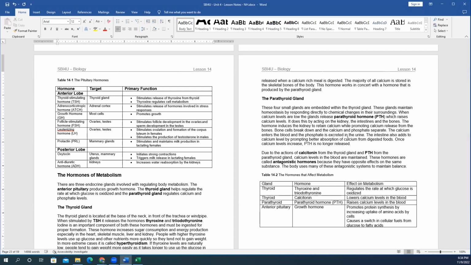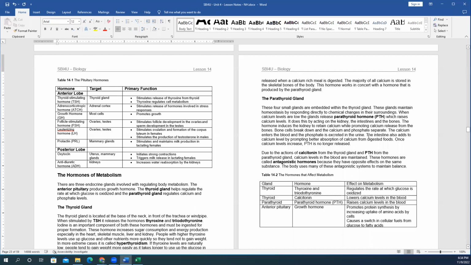In the kidneys, it induces the kidneys to retain calcium while promoting calcium release from the bones. And the bone cells are signaled to break down, and calcium and phosphate separate. The calcium enters the blood, and the phosphate is excreted then in the urine.